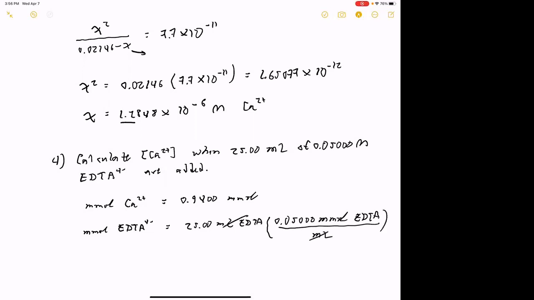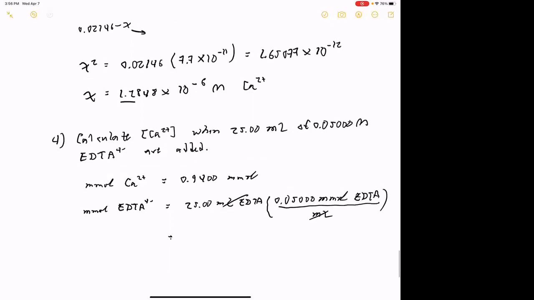Mils cancel with mils, and I end up with 1.250 millimoles of my EDTA. I'll go ahead and put the 4 minus in there just to be proper about it.